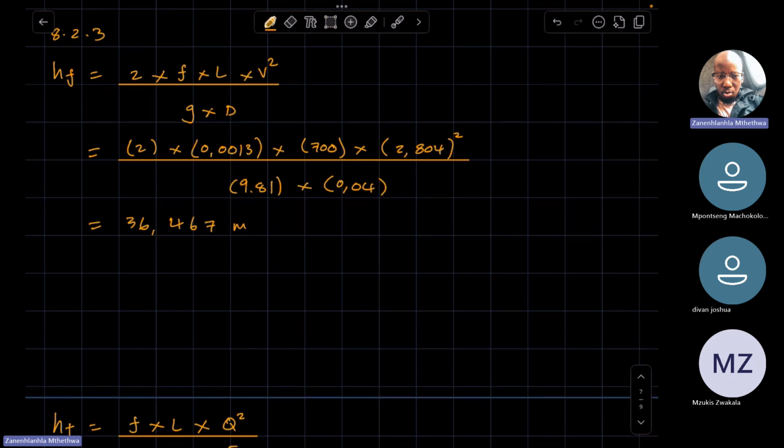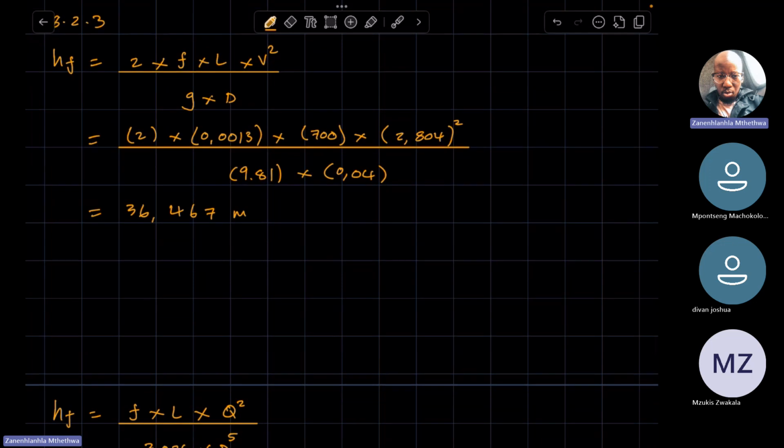Now also with this one, in the formula sheet, maybe, because I'm not sure, but sometimes this is how it is expressed. HF, they say 4 times F times L times V squared divided by 2 times G times D. So all I did was I said 4 divided by 2, which gives us the 2.